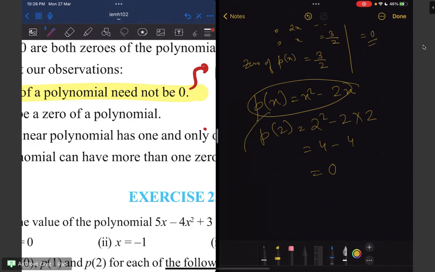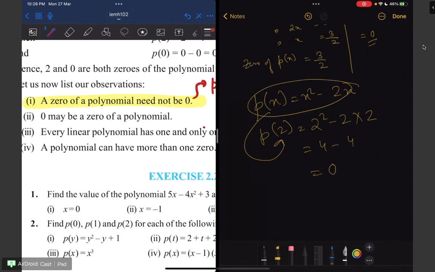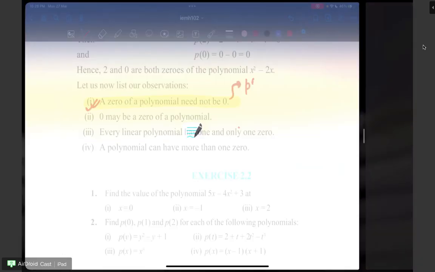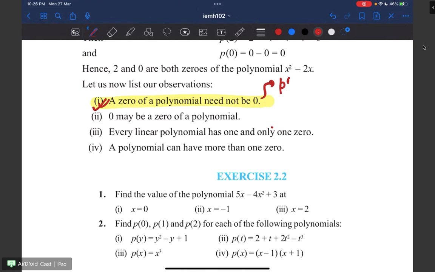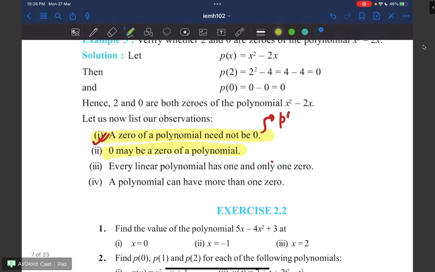So what is the 0 of p(x)? One of the zeros of p(x) is 2. Therefore this brings us to the explanation of the first point, which says the 0 of a polynomial need not be 0. It may be 0, but it's not mandatory that it must be 0 only. 0 may be a 0 of a polynomial, as we have seen in some of the examples.